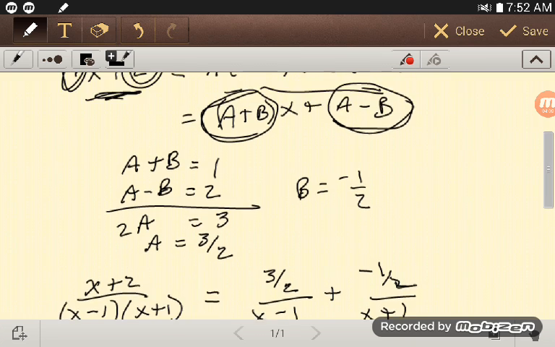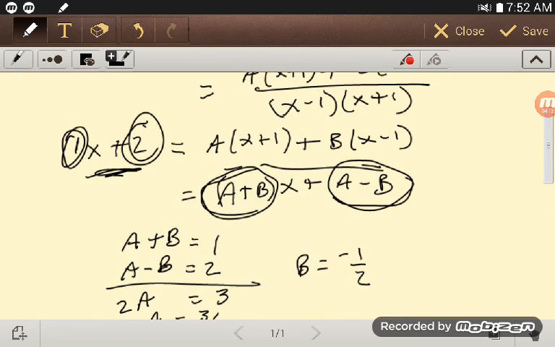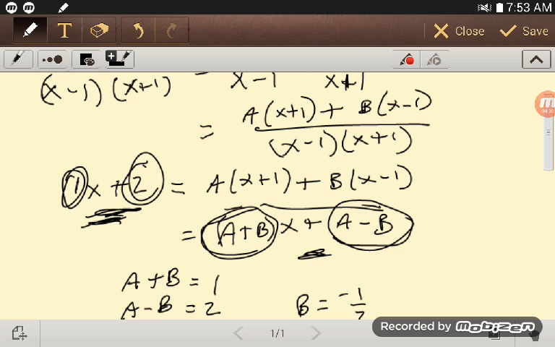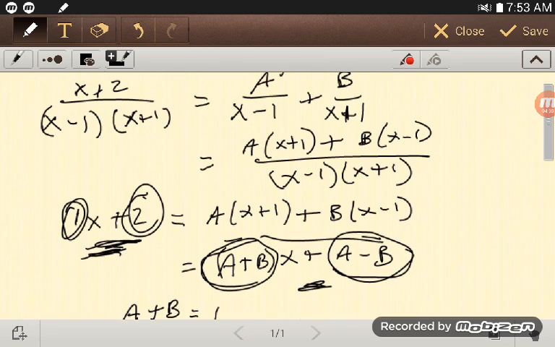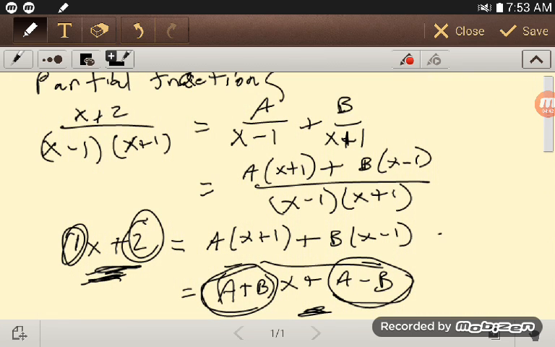Now, other ways to deal with this are that, okay, here, as I look at this whole thing, on the left I have a function, on the right I have a function, and for two functions to be equal, they have to be equal for all values of x. And so we want to have this be equal for all values of x. So way back here, when I'm thinking about just the numerator part, the x + 2 equals A times (x + 1) and so forth.